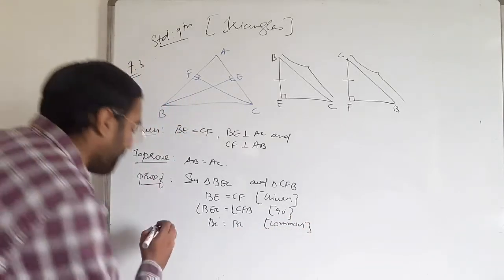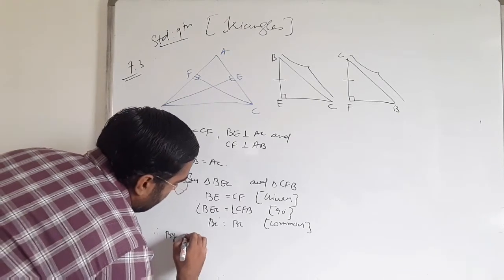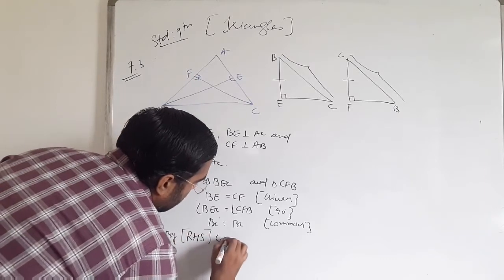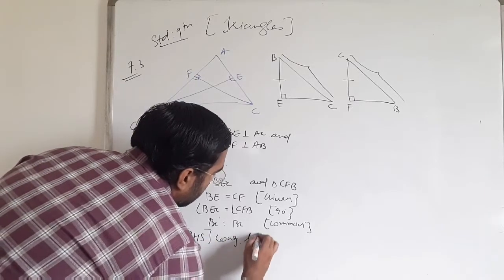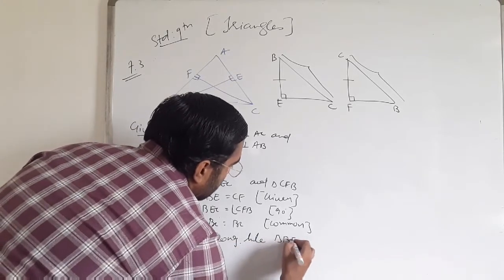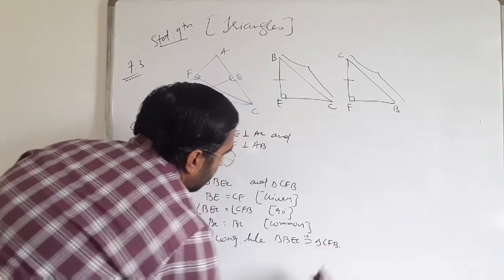So therefore by RHS congruency rule, triangle BEC is congruent to triangle CFB.